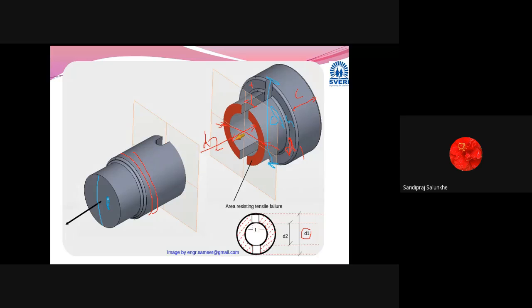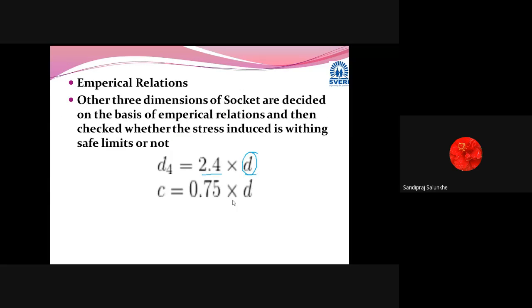This is the diameter D. So in terms of D, we can calculate with the empirical formula. D4 is the diameter of the outer collar of the socket, and C is the part which is after the quarter of that socket.